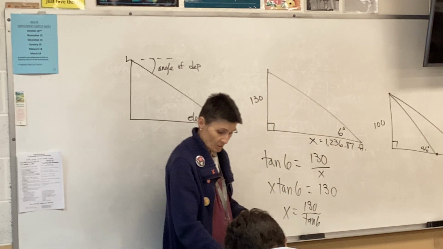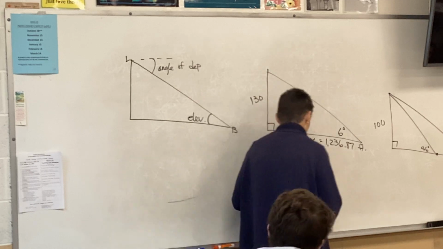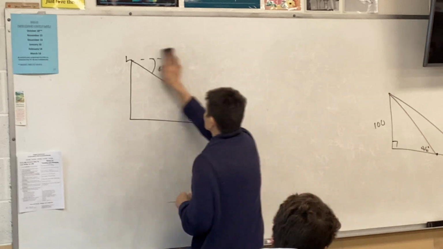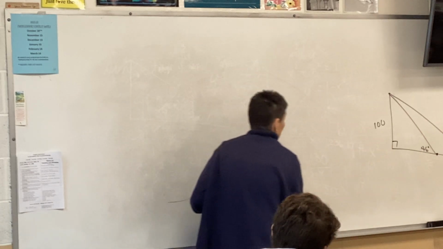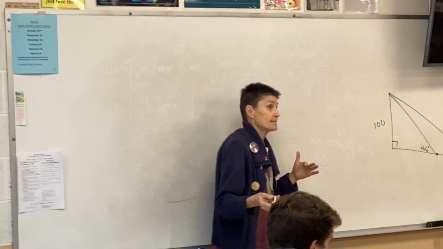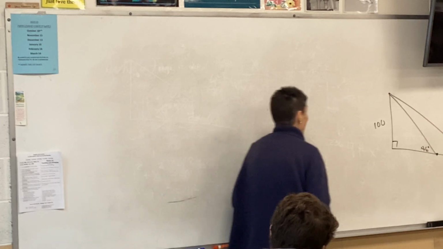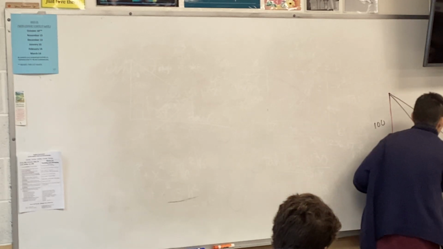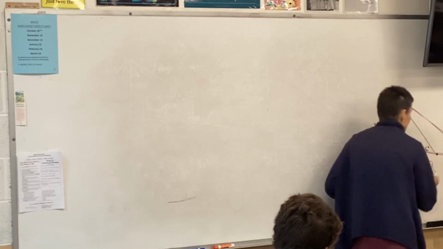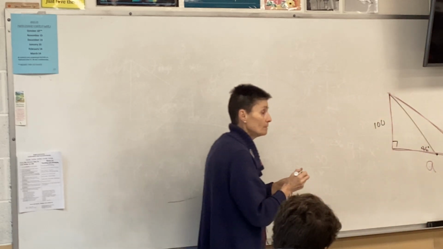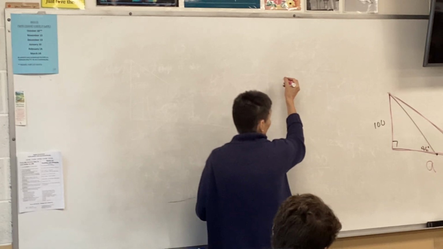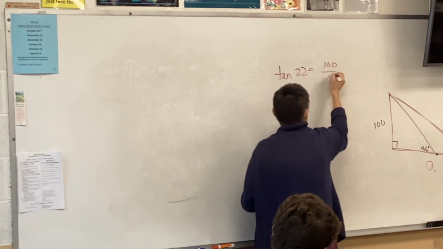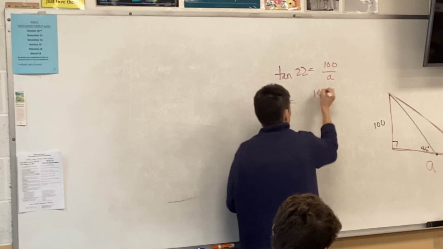So does that picture make sense to you? Okay, let's have some ideas on how we're going to go about answering this question. Peter is saying, solve the pink triangle. I'll call this A down here, the base of the big pink triangle. So tan 22 equals 100 over A. So A is going to equal 100 over tan 22.